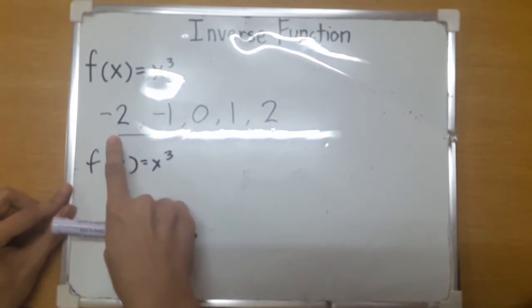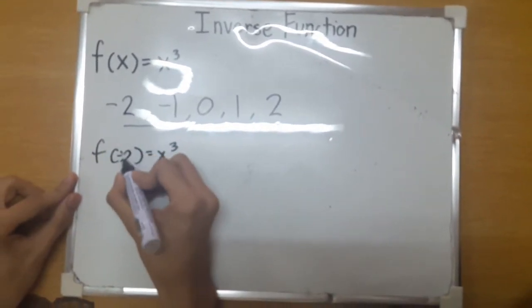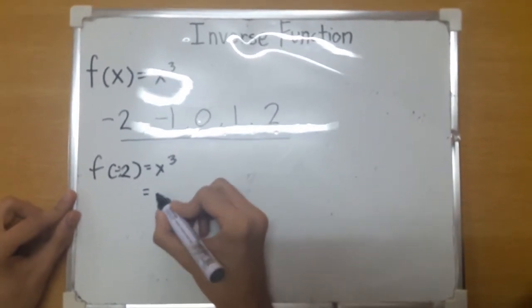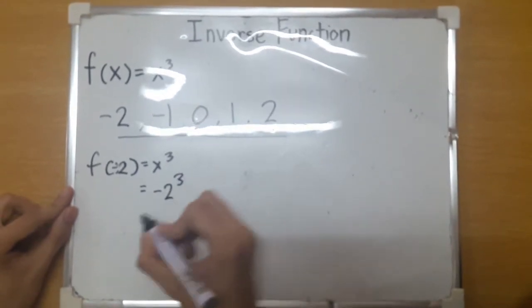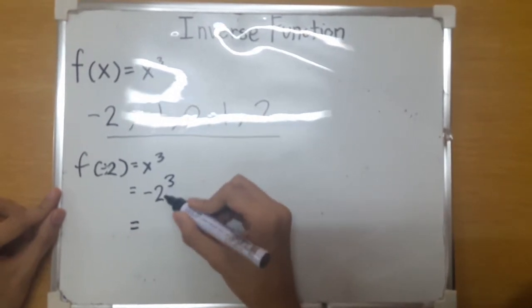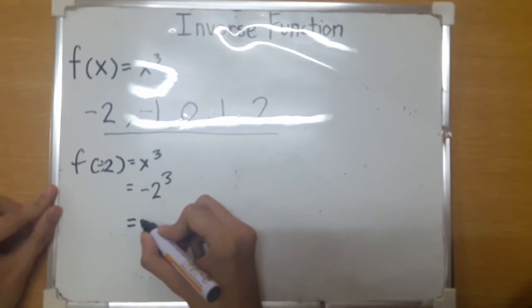Since our first x-intercept was -2, turn x into -2 because that's our x, and this is a cube. Then -2 to the power of 3 turns out to be -8.